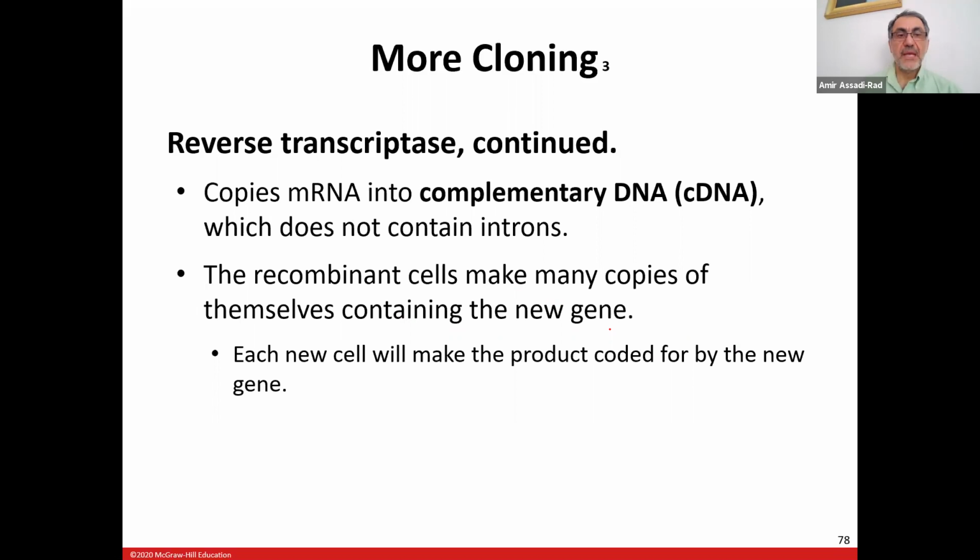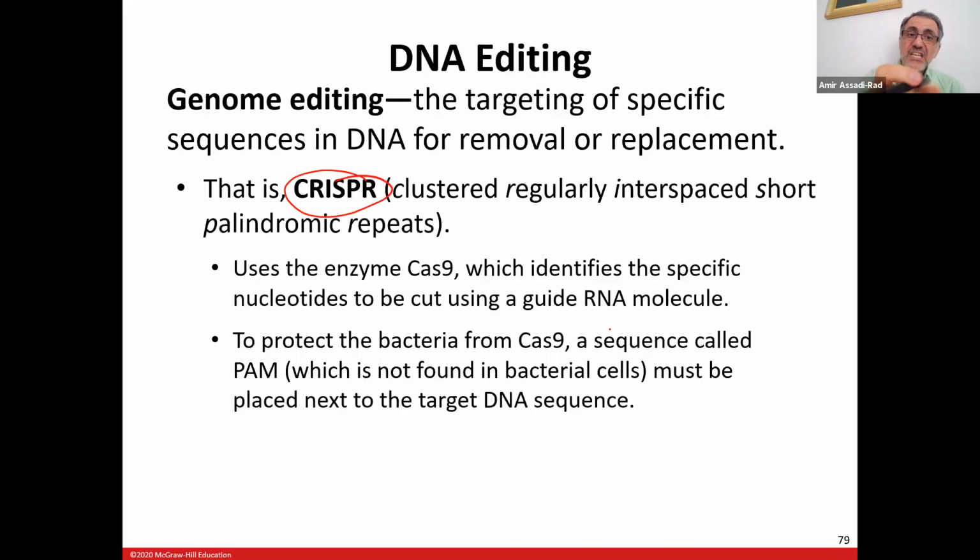Genomic editing. CRISPR gene. It was just recently discovered, with the CRISPR they can go into the defective cells of my body, the genetically defective cells, and they correct those genes. That's astonishing.